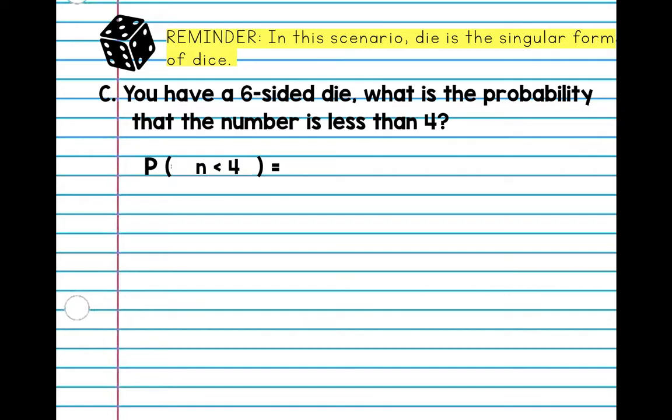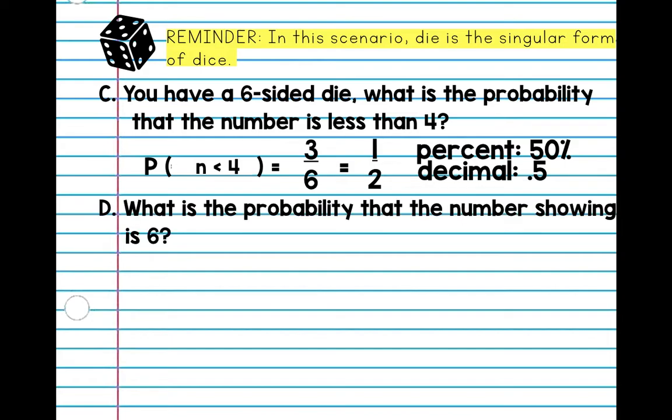Let's count all the numbers less than 4 on the die. We have 1, 2, and 3. 4 doesn't count because that's equal to 4. So we have 3 numbers over our total, which is 1, 2, 3, 4, 5, 6. So our fraction is 1/2. And that's easy. We know it's 50%, and our decimal is 0.5 or 0.50.